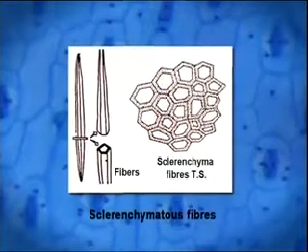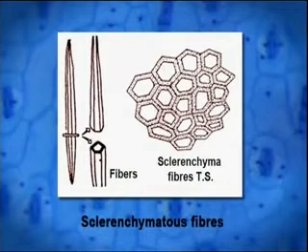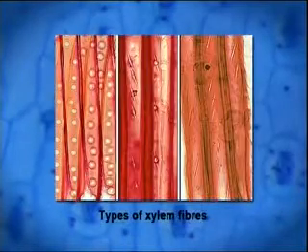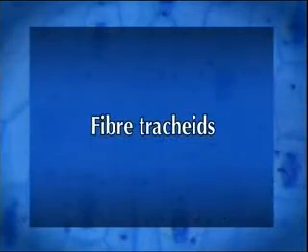Xylary fibers have thicker lignified secondary walls and reduced pit borders as compared with the tracheids from which they are evolved. There are two types of xylem fibers. Fiber tracheids.